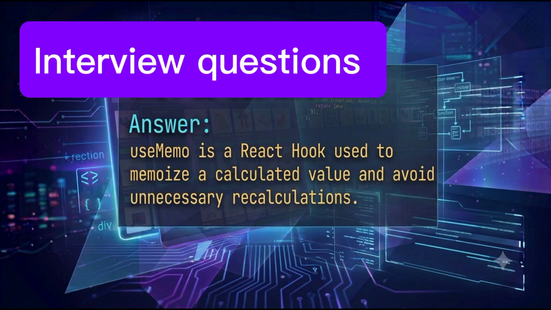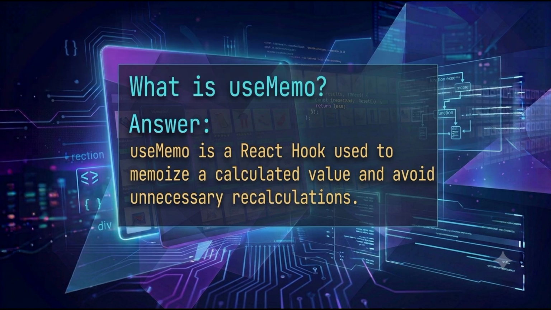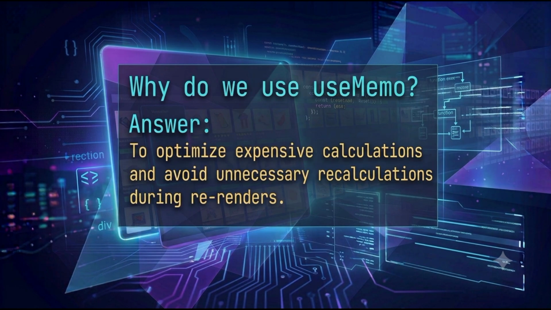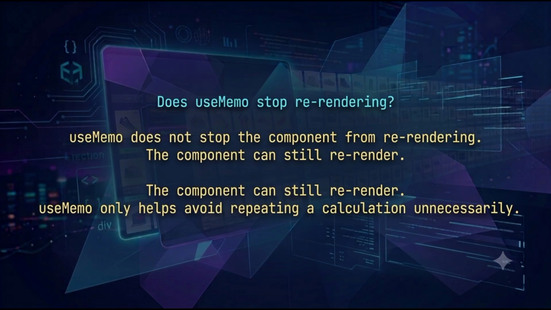What is useMemo? useMemo is a React hook used to memoize a calculated value and avoid unnecessary recalculations. Why do we use useMemo? To optimize expensive calculations and avoid unnecessary recalculations during re-renders. Does useMemo prevent re-rendering? No, it only memoizes a calculated value.